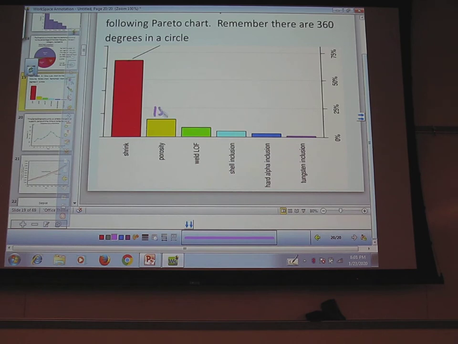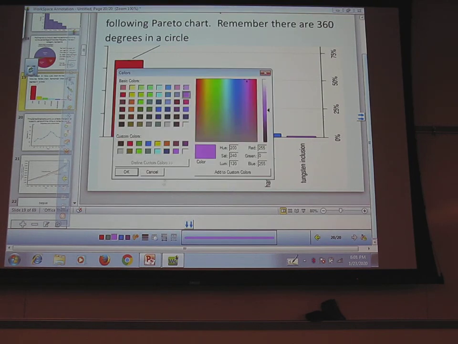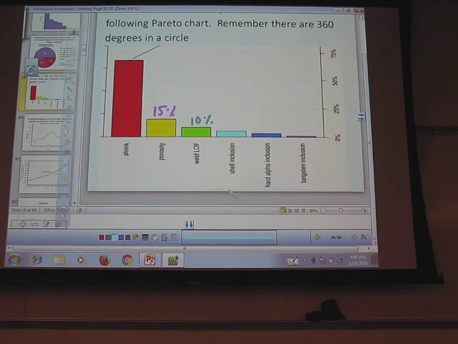Great, 15%. Next one, welding, what do you think that one is? 10%? Sure, why not? Next one, what's that? 8%? It seems a little high. Well, you can do 8. 7? Can we do 7 at least? Next one? 5. Okay.